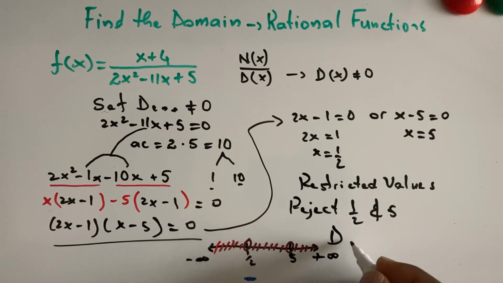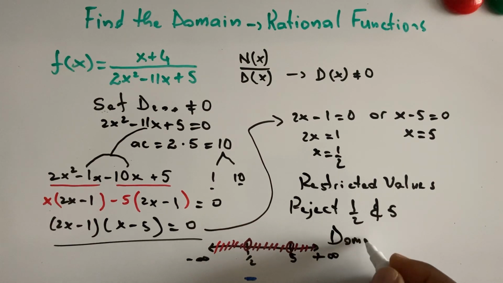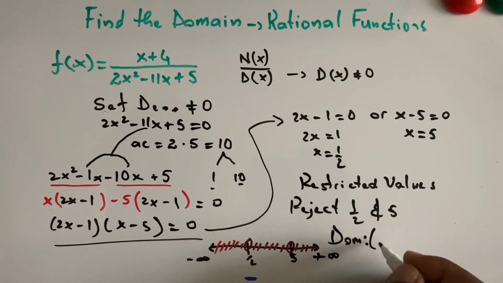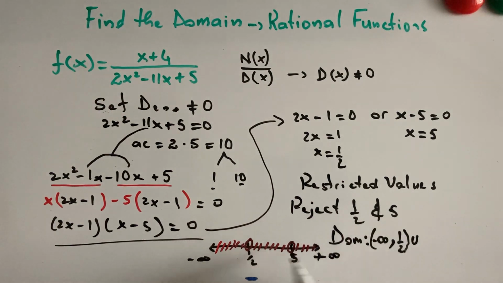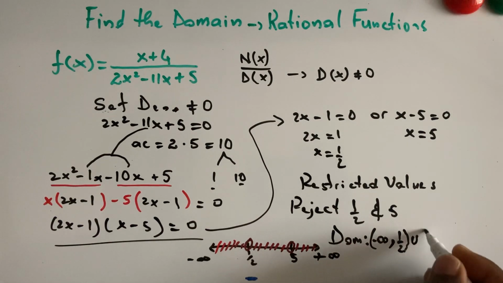So the domain would be, starting from negative infinity to 1/2. Now you're rejecting 1/2, so I'm going to use parentheses because I'm rejecting it. Union, I'm going to take this part too, from 1/2 to 5.